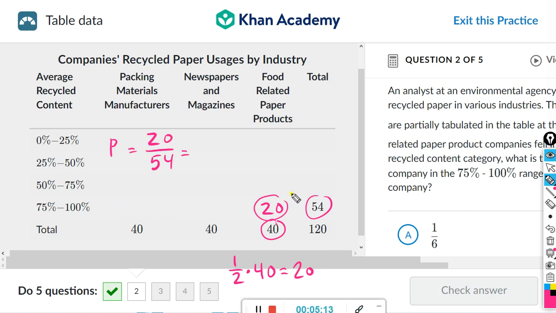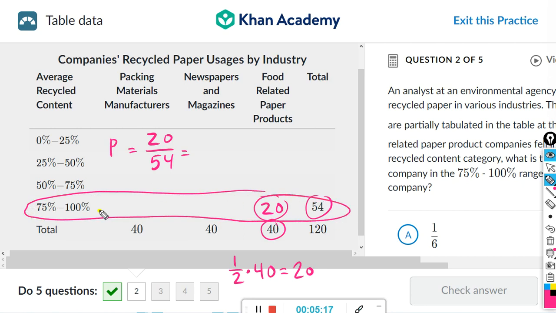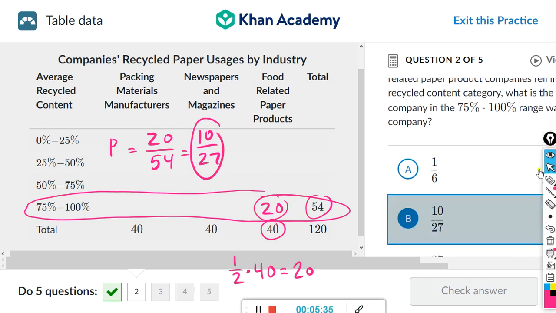Because we're limiting ourselves to this row right here, because it has to be in the 75 to 100 range. So it's just 20 out of 54. Divided by 2, that's 10. 54 divided by 2 is 27. Can't reduce that any further. So that's it, 10 over 27.